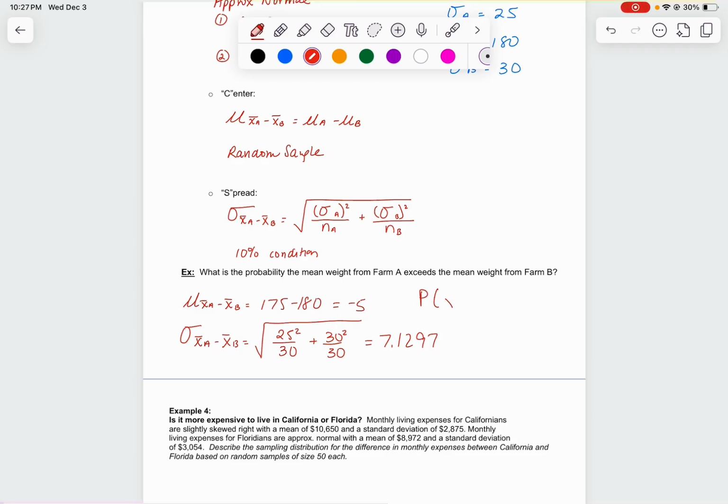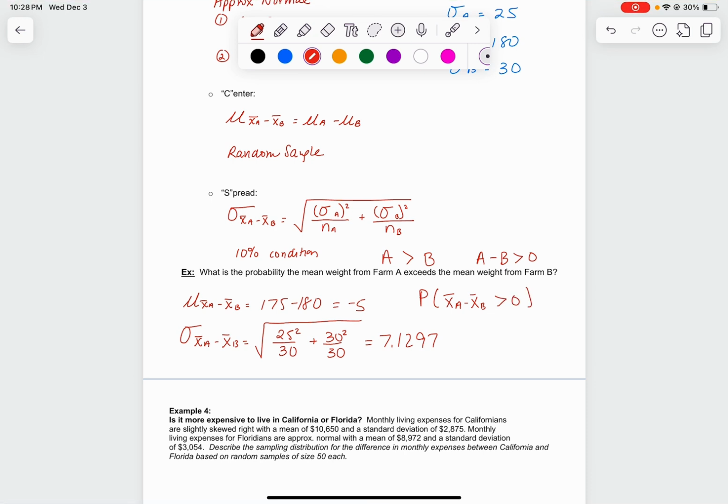Okay, so we're looking for the probability that X bar A minus X bar B, the difference between the two averages, is such that A exceeds the weight of B. That would mean A minus B has to be greater than 0. It's almost like you can start with A greater than B and then subtract the B over. So I need this difference to be greater than 0.